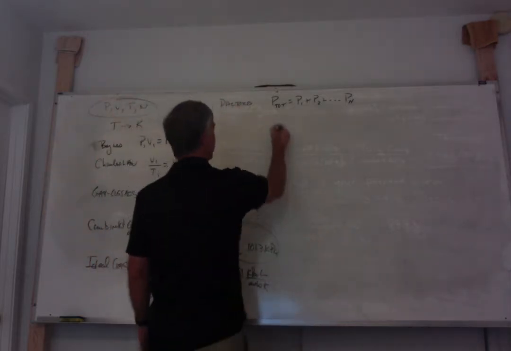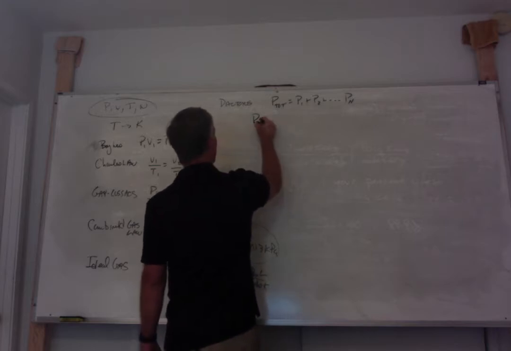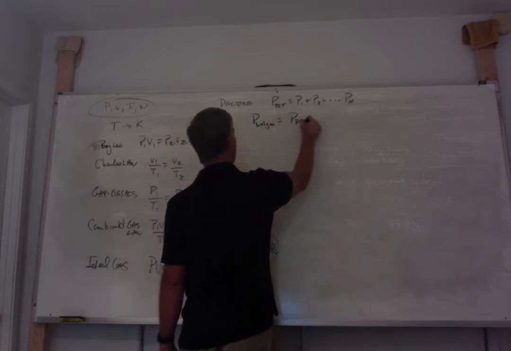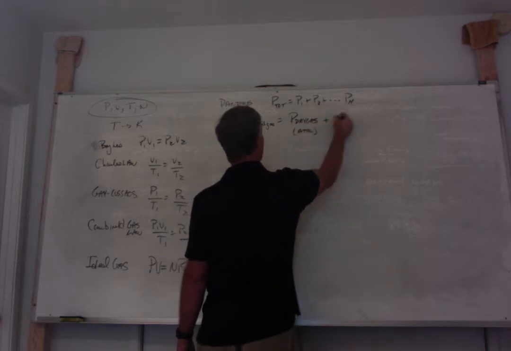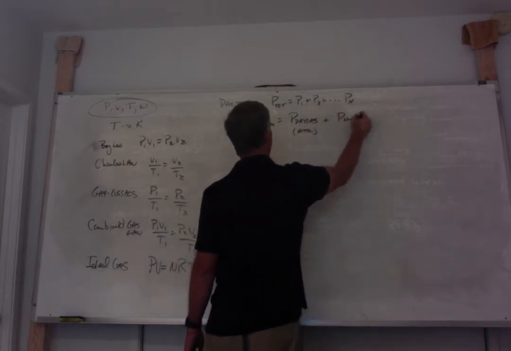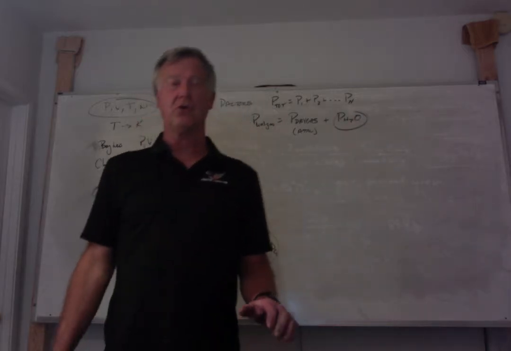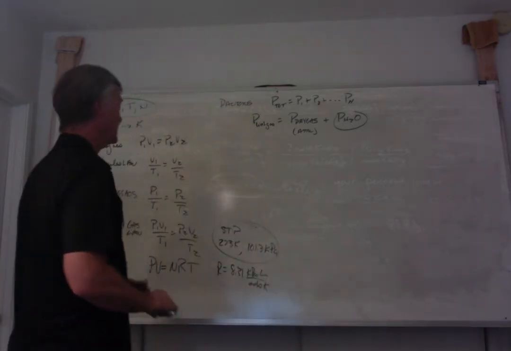And so we had something with Dalton's law, which was the pressure of the wet gas is the pressure of the dry gas, which was the pressure of the atmosphere, plus the pressure of the water vapor. And this would have to be given to you either on a chart or given to you in the problem itself, and you could work that out.